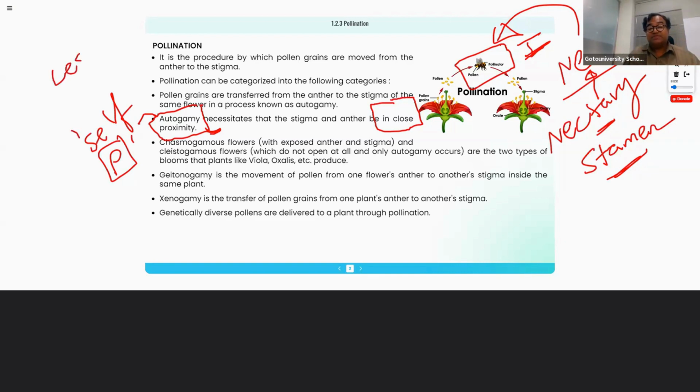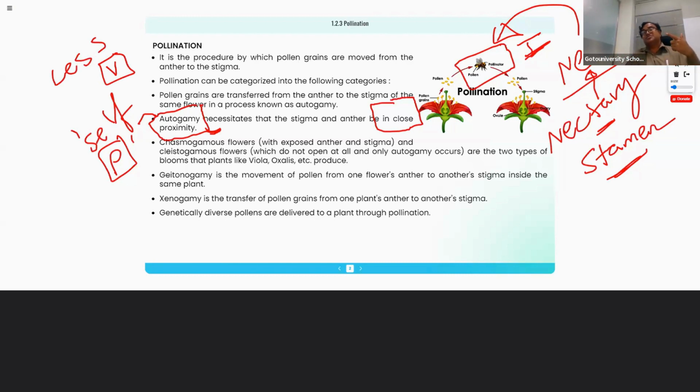Less variation. So you see, take the date palm. How many sizes and shapes of dates are we observing in all the grocery shops? Saudi dates, Qatar dates, Kuwait dates, Libya dates, so many varieties of dates of various size, shape, color, and taste, because of cross pollination, not because of self pollination.